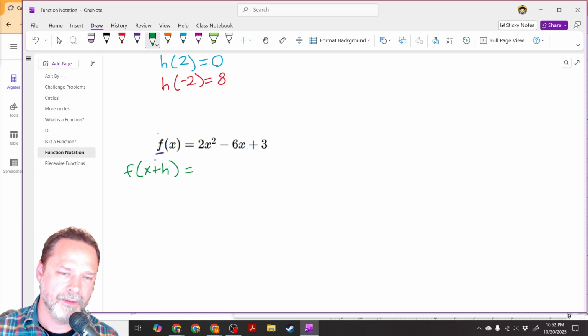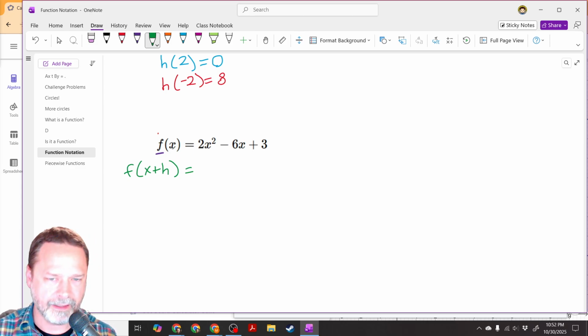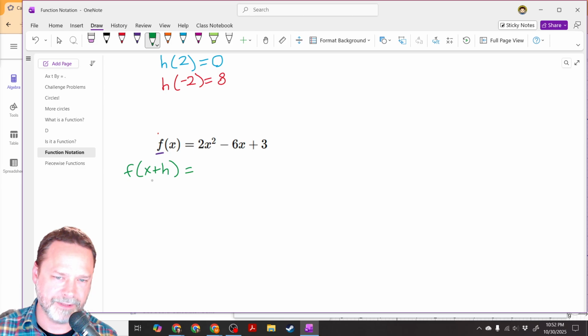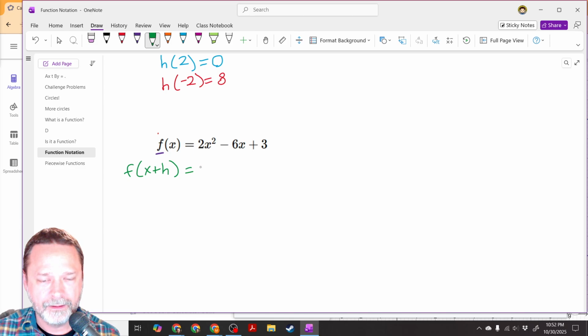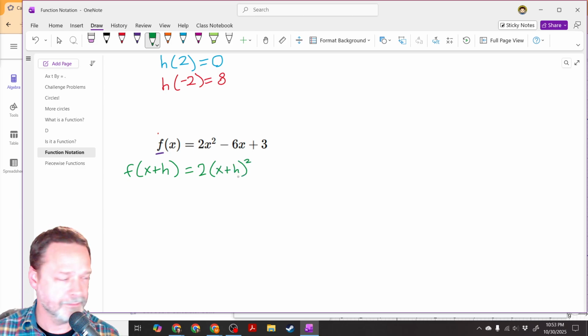So again, here's the thinking. If I change x to x plus h on the left side of my equals, do the same thing on the right. So instead of 2 times x squared, this is going to be 2 times x plus h squared. Minus 6x, so it's going to be minus 6 times, not x, now it's x plus h.